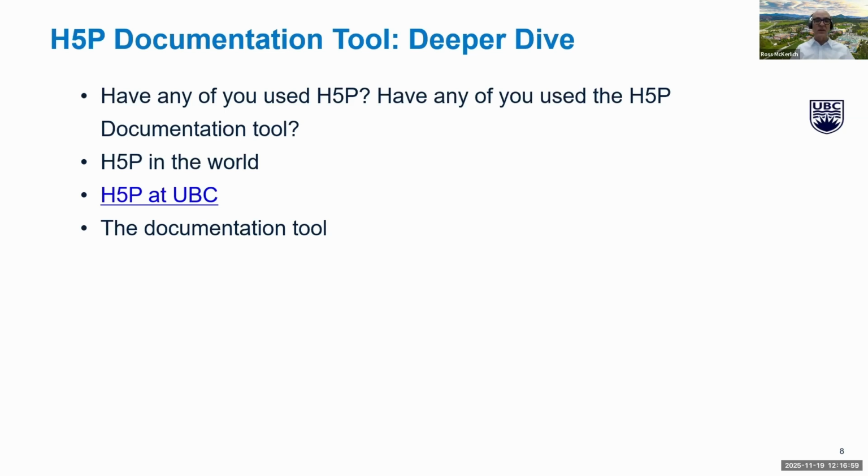UBC has actually created an open hub called the H5P Open Hub for UBC. Basically, the idea is that you create H5P within this protected area, and then you embed the H5P objects in different contexts, like on a website, or in a Canvas course, that sort of thing. And it could also be the documentation tool.